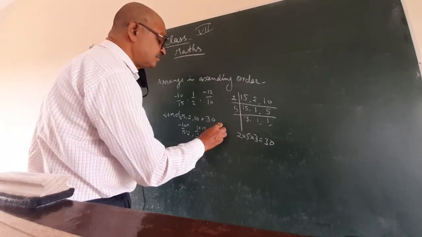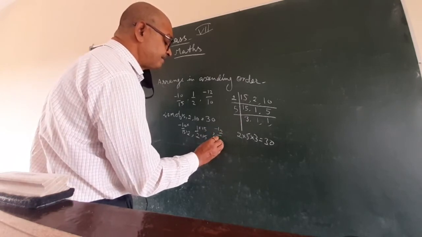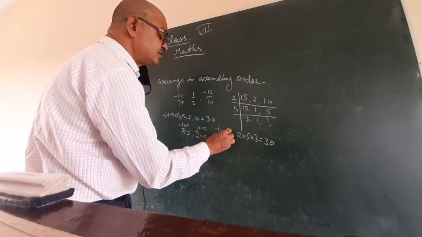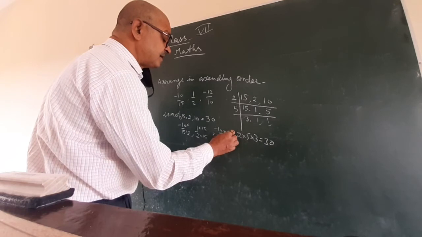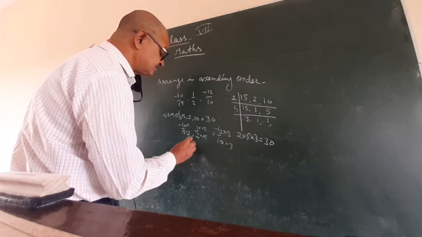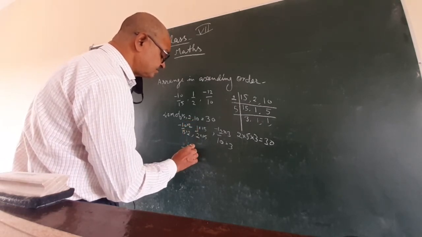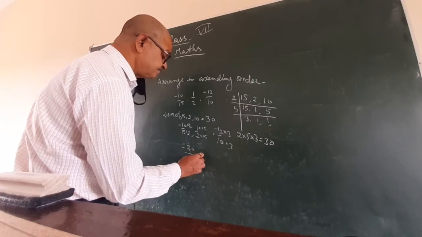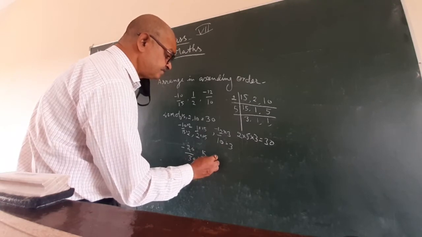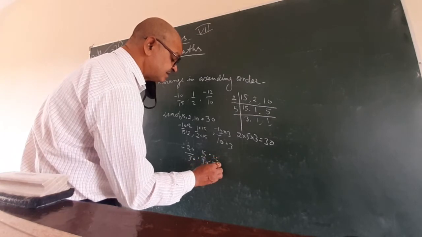Next -12/10: 30 divided by 10 is 3, so up and down multiply by 3. Here we get -20/30, 15/30, -36/30.